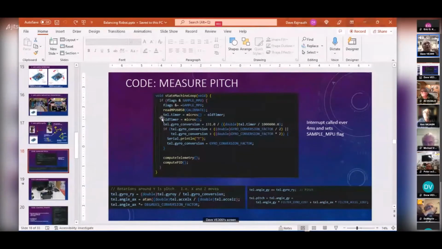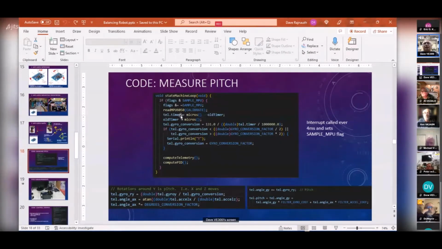So here's the code. I'm not going to go through the code, but basically I am sampling that board every 4 milliseconds. There is an interrupt that goes off and sets a flag, and I go through and read the MPU 6050.